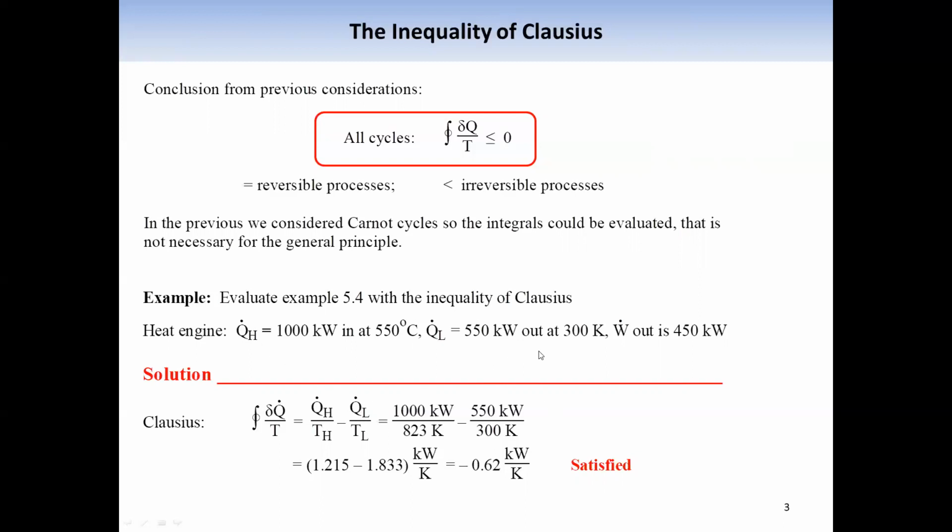We want to prove it satisfies this inequality, which essentially uses the equation we derived, only two terms left, and we can easily prove that this term is indeed smaller than 0.